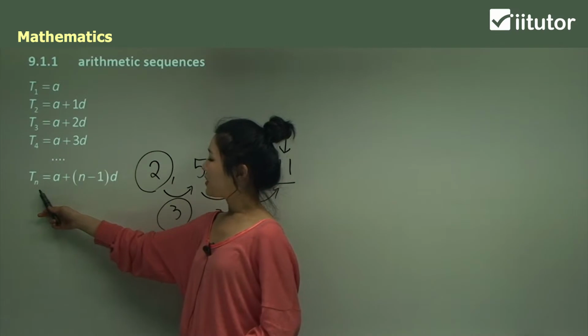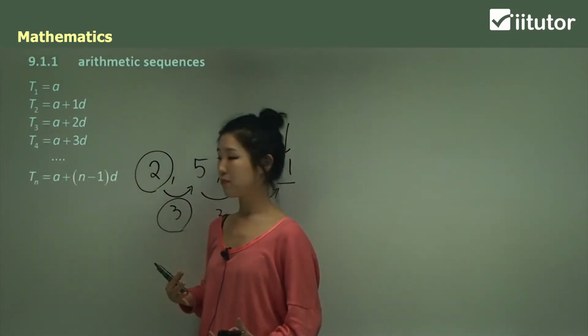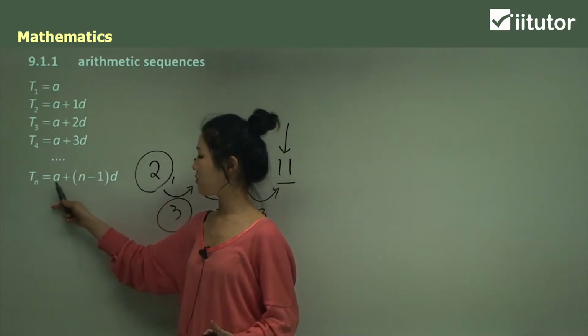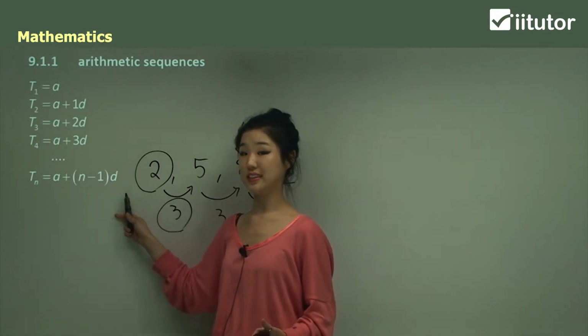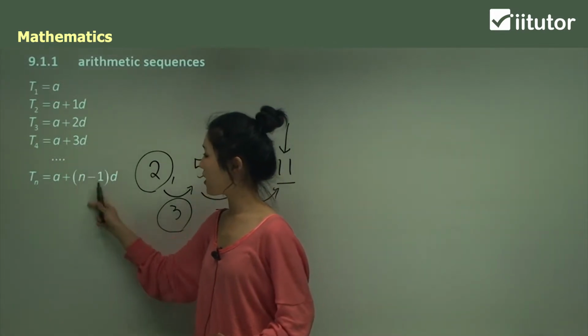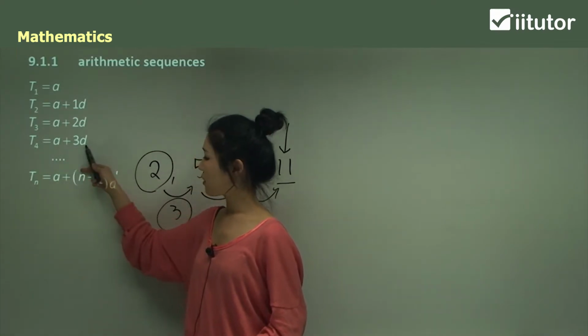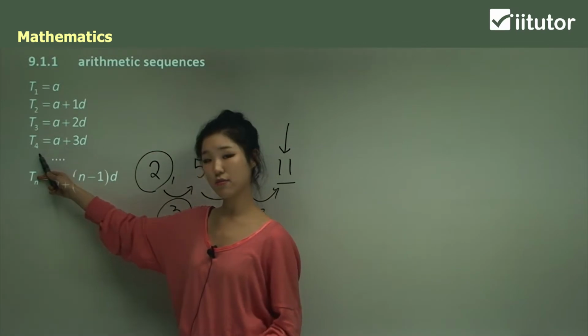So if I say Tn, where we don't know what n is, n can vary. Whatever n is, the nth term would be the first term plus n minus 1 times d. And the reason why it's n minus 1, have a look at all of these. For term 4, we multiply the common difference 3 times. See how 3 is 1 less than 4?